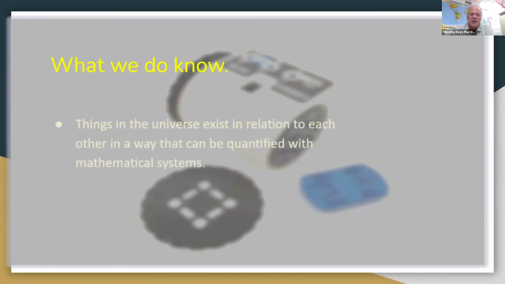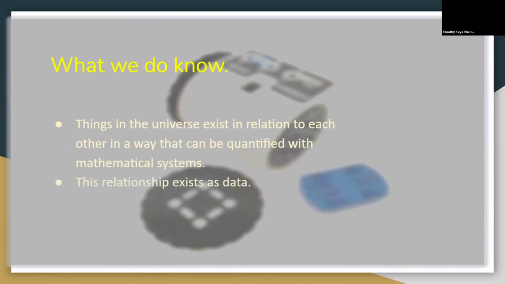What do we know? That things in the universe do exist in relationship to each other in ways that can be quantified with mathematical systems. And these relationships, they exist as data. And so this is the idea of what we're looking at, getting the kids to understand that data is the way things exist in the universe in relationship to each other.